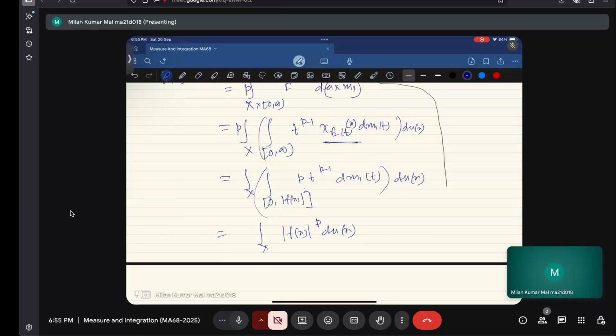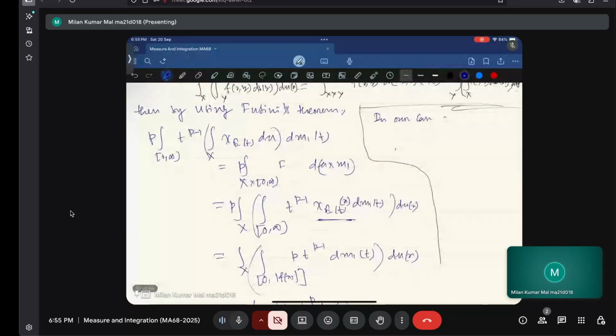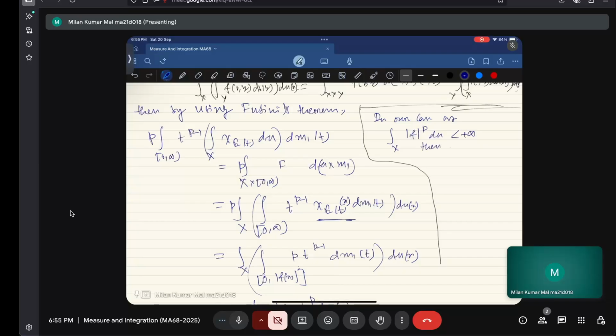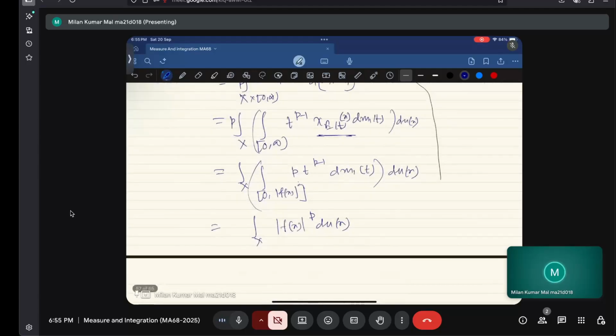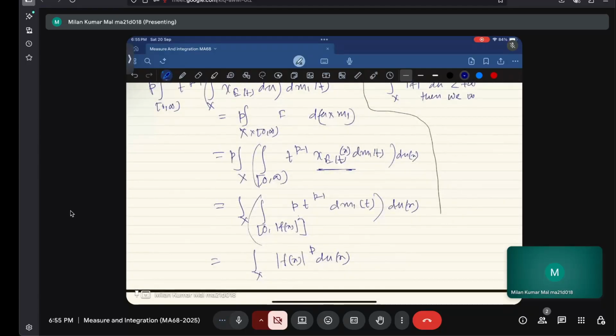In our case, as it is given that the integration over x of mod of f to the p d mu is finite, then we will use Fubini's theorem at the appropriate position.